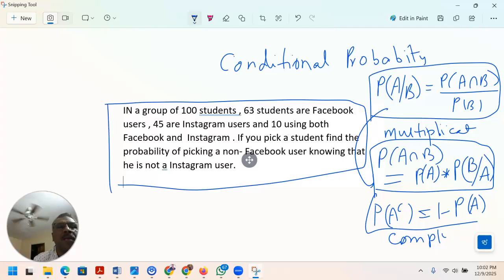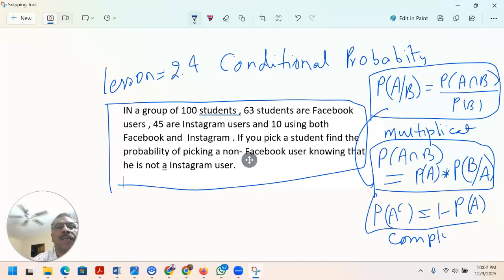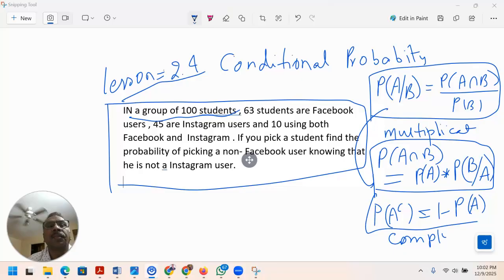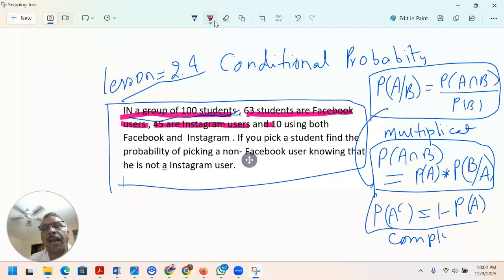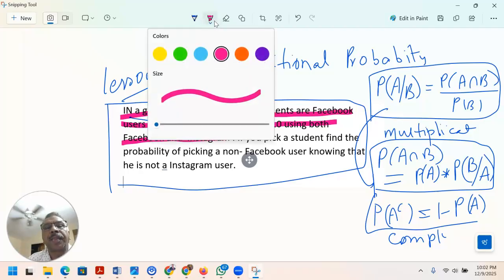This problem is from lesson number 2.4. In a group of 100 students, 63 students are Facebook users, 45 are Instagram users, and 10 students are both Facebook and Instagram users.